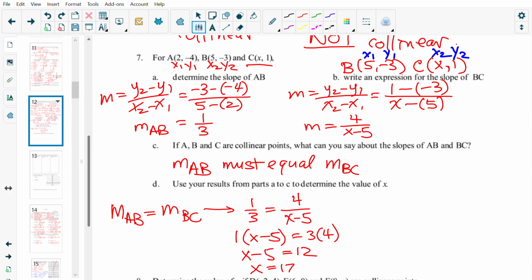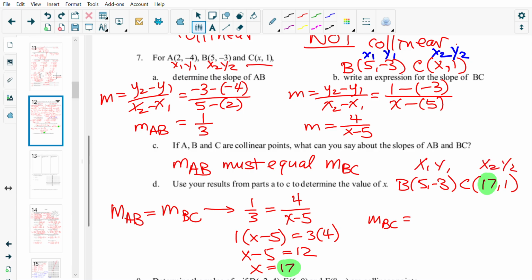We can check this real quick, too. Remember points B and C? B is 5, negative 3, and C we said is x, 1. Now we know it's 17, 1. Let's use our slope formula and calculate the slope of BC from the actual values.